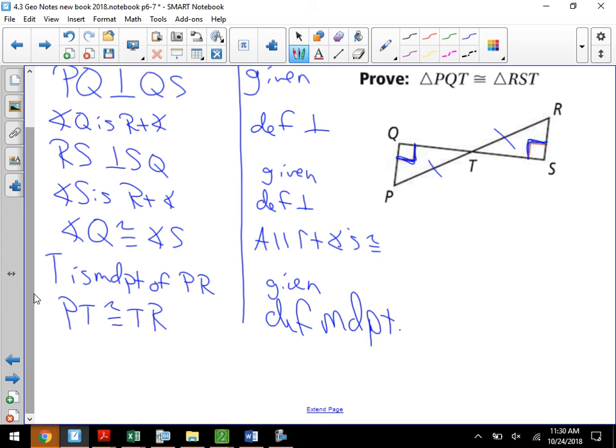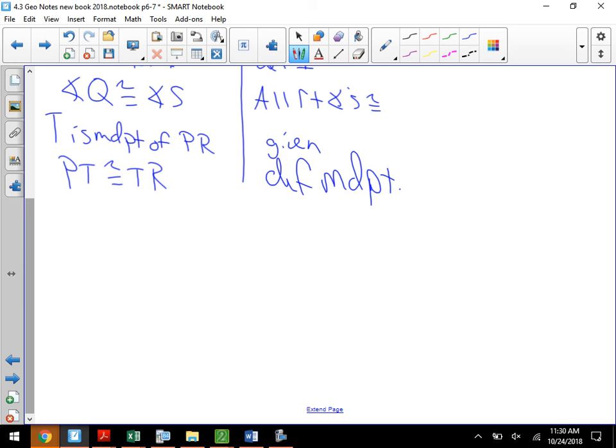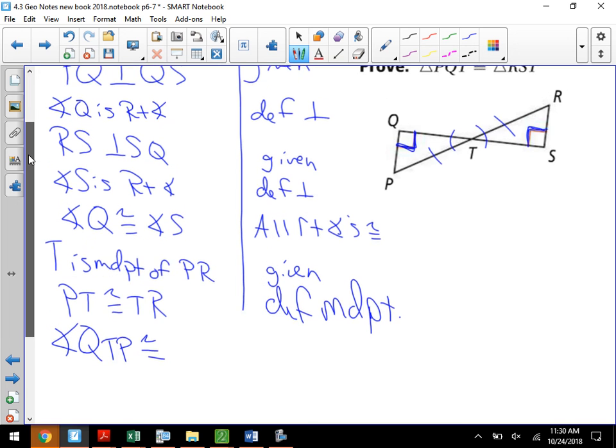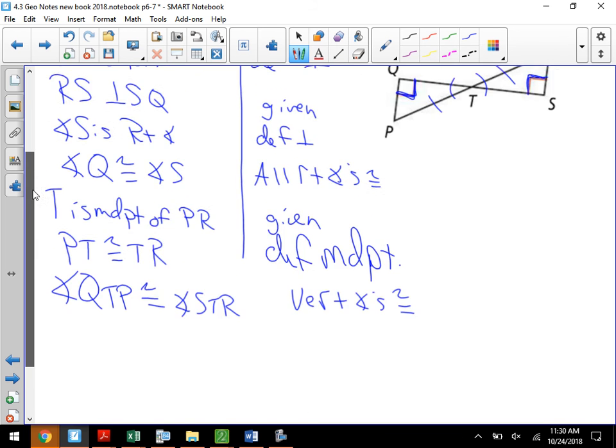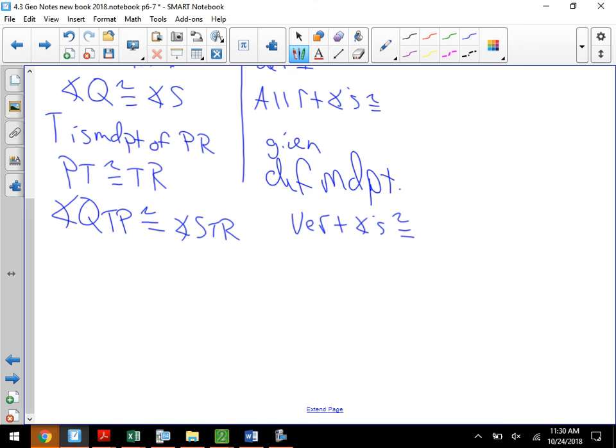Remember, guys, whenever you have that bow tie style, you have vertical angles right here. Okay? Shh, guys, just write it down. QTP and STR. And now we have our triangles PQT.